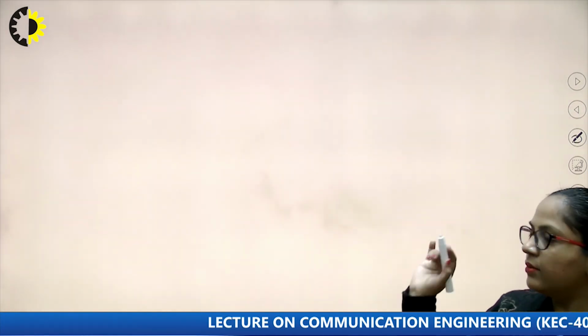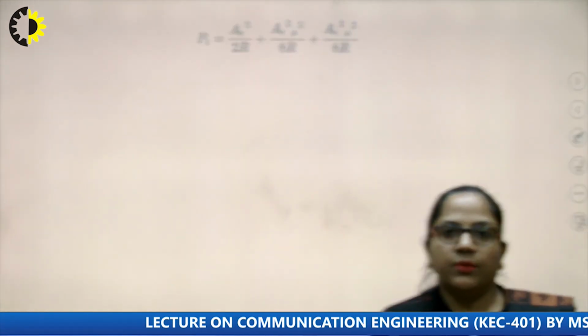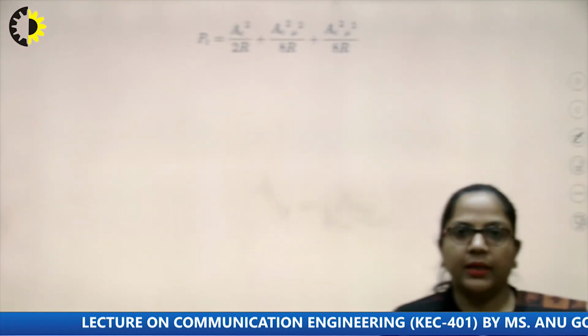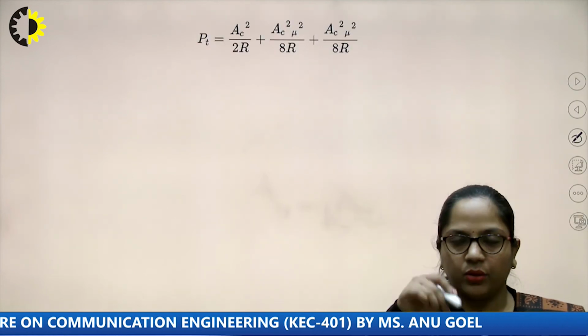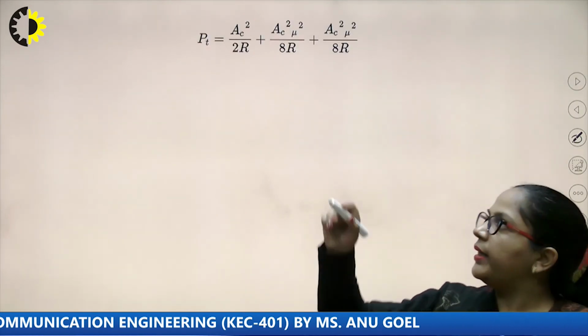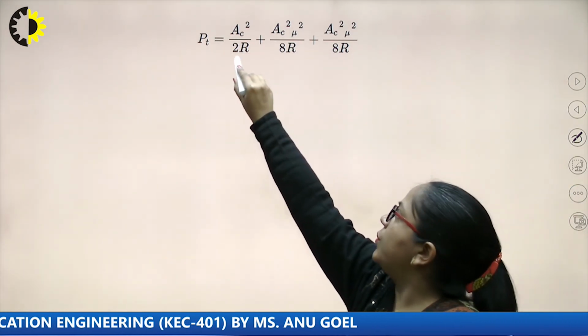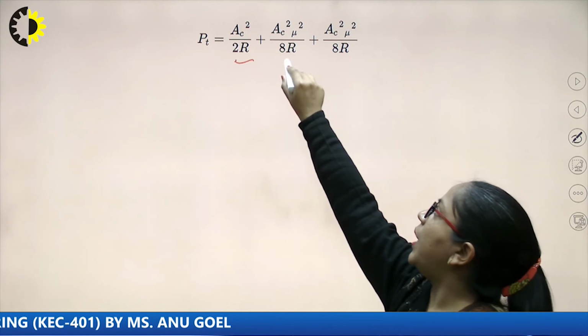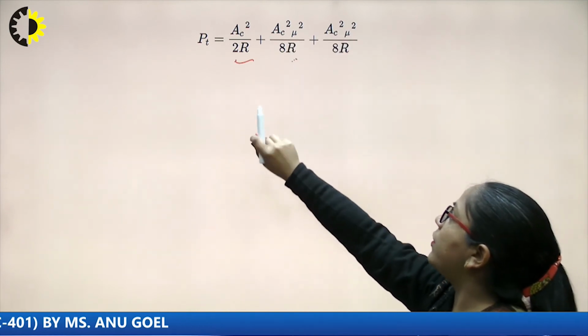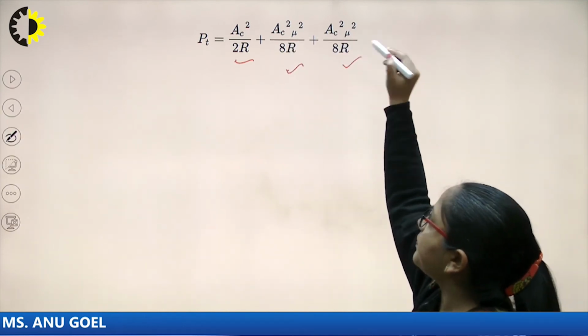Now putting the values of the power of carrier, power of upper sideband and power of lower sideband in the total power expression, we will get PT equals Ac square by 2R, that is the power of carrier, plus the power of lower sideband and the power of upper sideband.